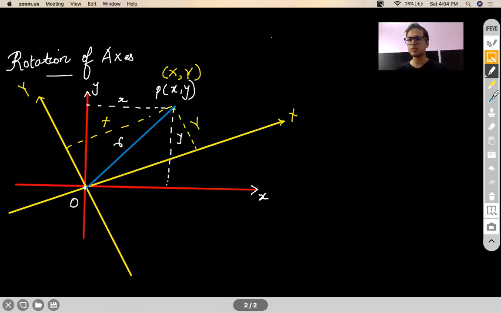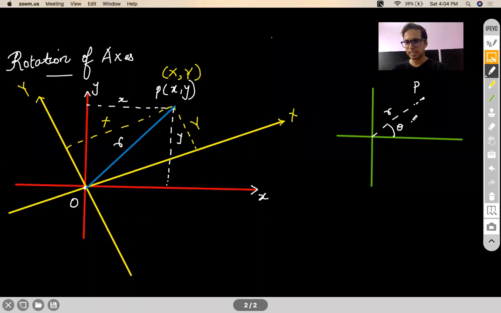Now, I hope all of you remember, just a quick recap, that polar coordinates basically use the distance of a point from the pole and the angle made by the line connecting that point with the x-axis. So let's say I have a point P. Normally we represent this point by stating its distance from the origin, which we call r, and stating this angle, which is called theta, correct?